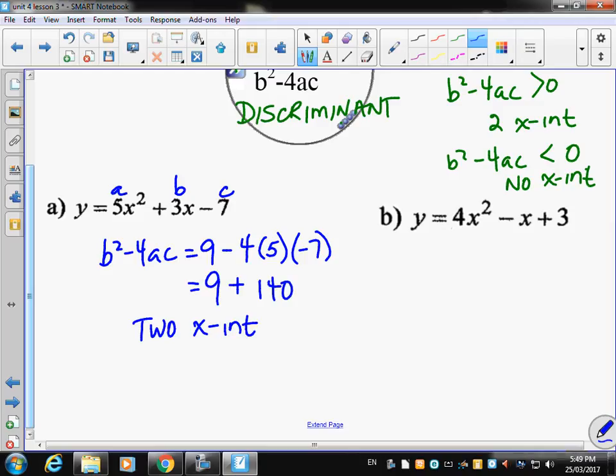The second one, I'm going to look at b squared minus 4ac and see what I get. Okay, this one also is nicely ordered. The x squared term gives me my a value. The x term gives me my b value. It's invisible, negative 1. My c value is 3.